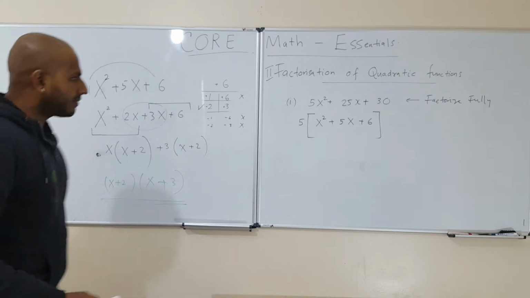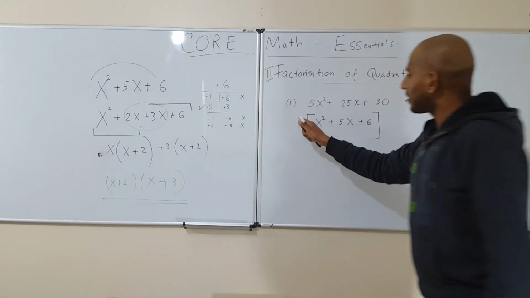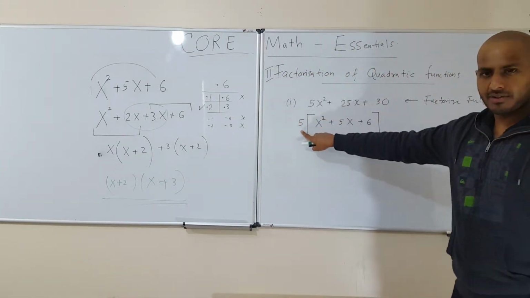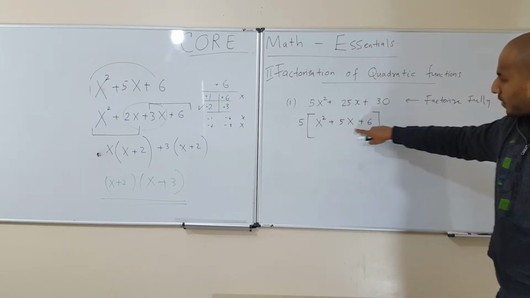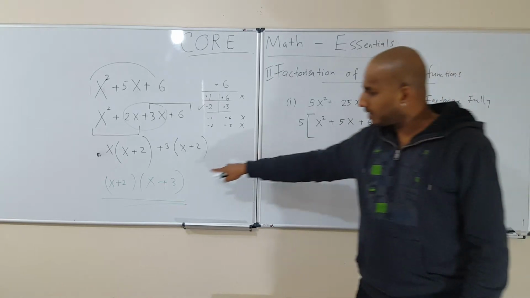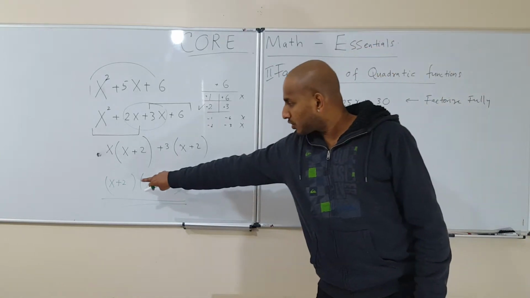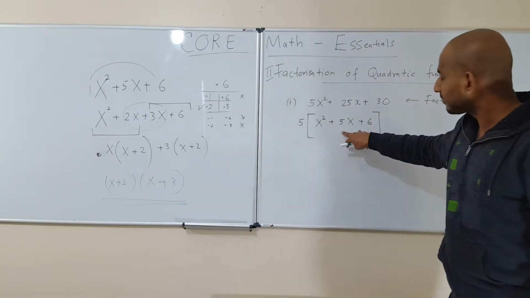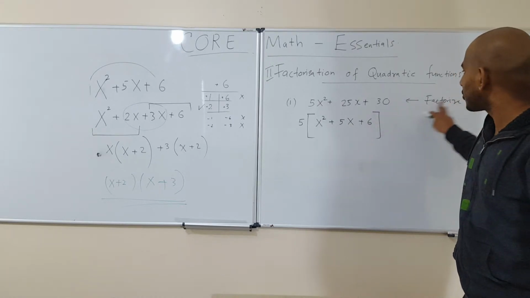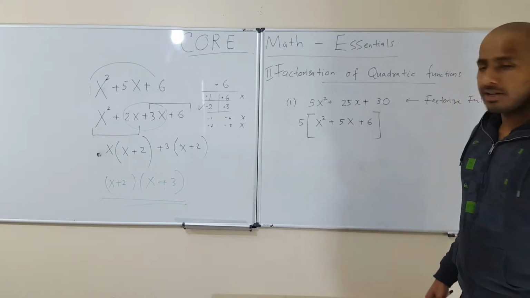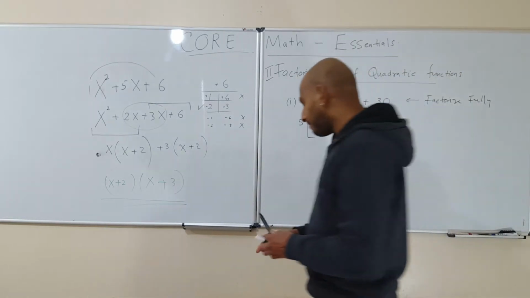Now what we did here, we first used the common factor. You took the common factor out, and we realized there's a quadratic expression here. We have factorized this one. Now we can plug these 2 factors into that. So that gives the fully factorized version of the answer. So let me plug it back.